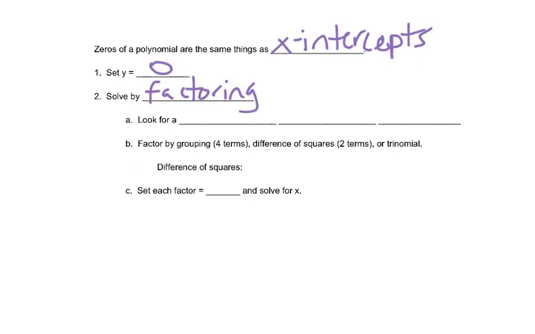So the first thing you should always do when you're factoring is look for a greatest common factor. Once you have a greatest common factor, then you need to continue factoring.